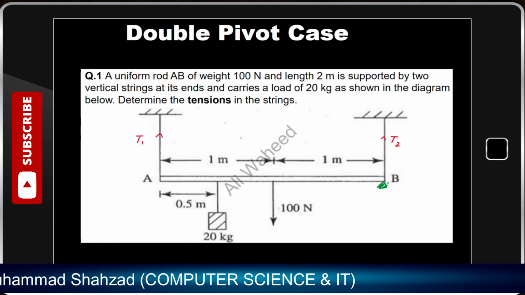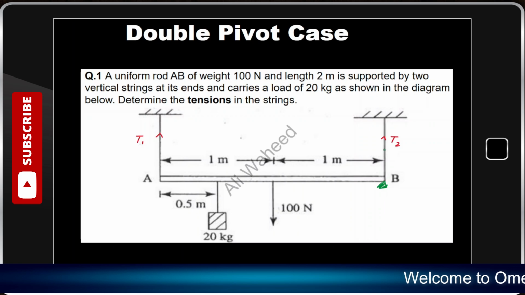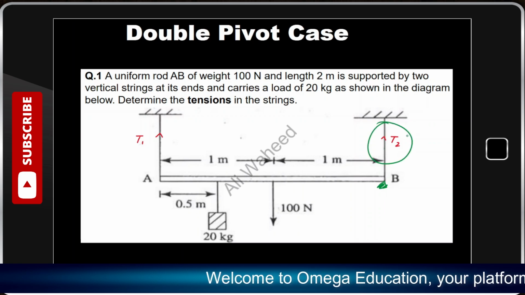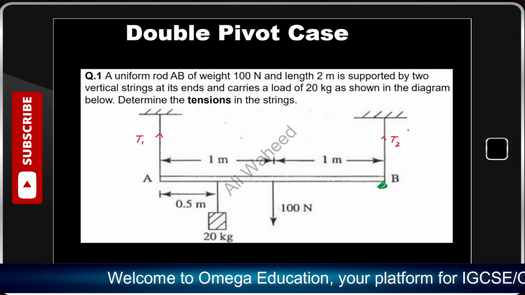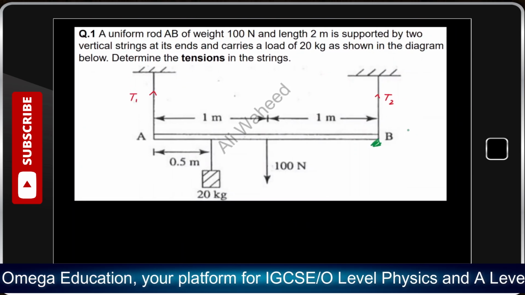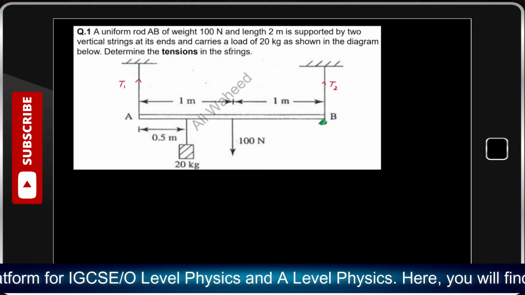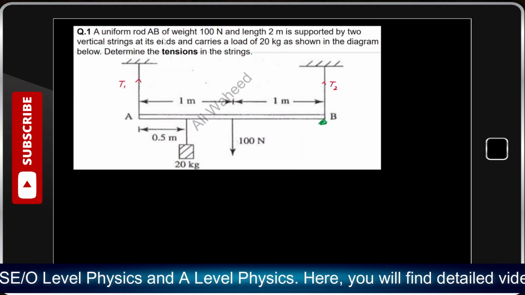So this is the first step. Consider one side as a pivot. Now the force that would be passing through the pivot would not produce any moment of force. So no moment of force would be produced by T2. So we'll be writing the expression for the principle of moments, considering that the end B is the pivot.